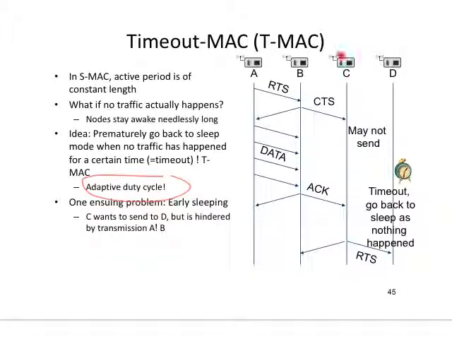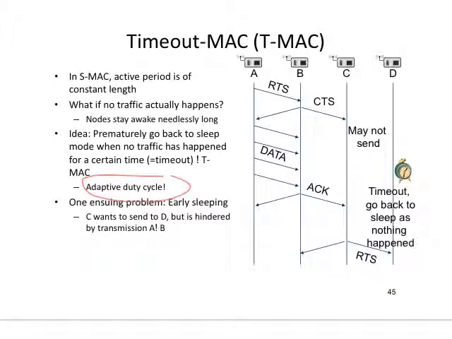But luckily, C here is still indirectly part of the communication, so it knows what's going on. It receives the CTS, it can adjust its NAV, network allocation vector, and it knows when this transmission is going to end so that it can try to send an RTS to node D. But D is blind.